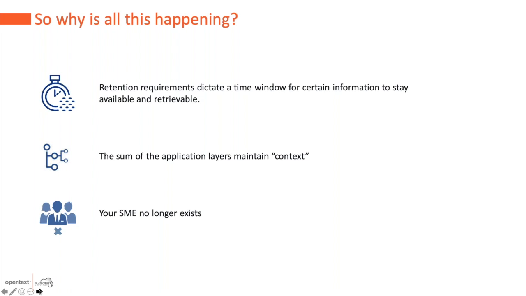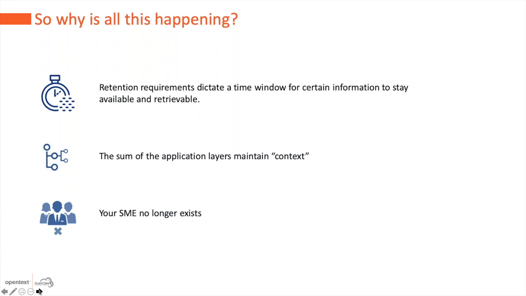So why is all this happening? The recent requirements on retention and compliance from government bodies are a big driver for us to identify these legacy systems, because they have a huge impact on what data you can keep, how you can maintain it, and how the data is going to be made available to your customers. The second big reason is the cost. People don't see the cost of why these applications should exist.